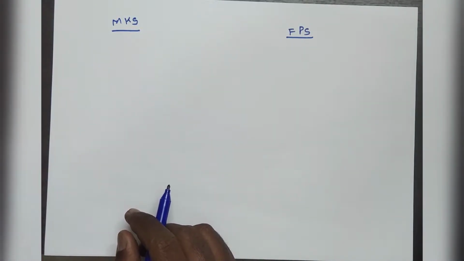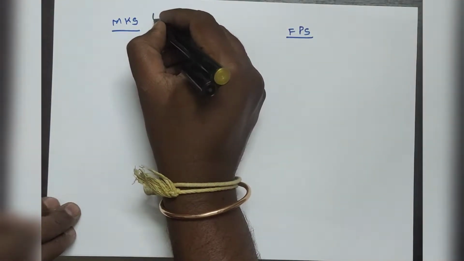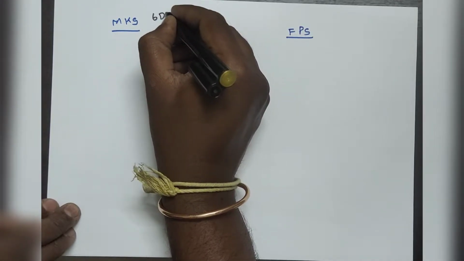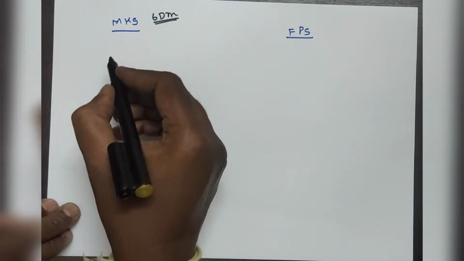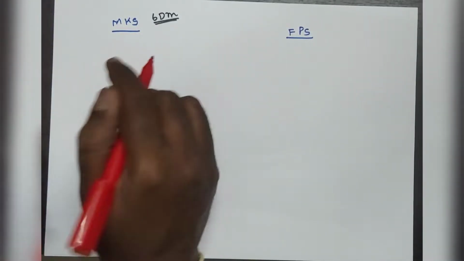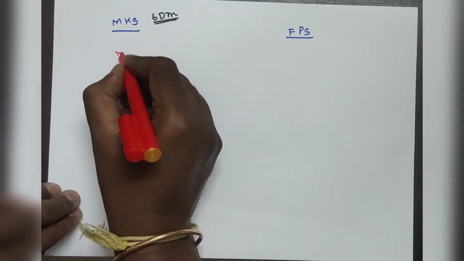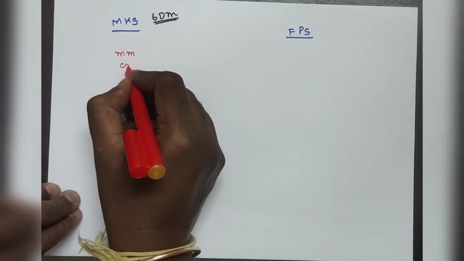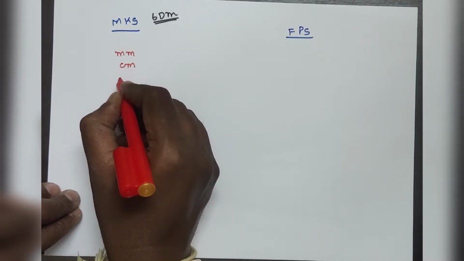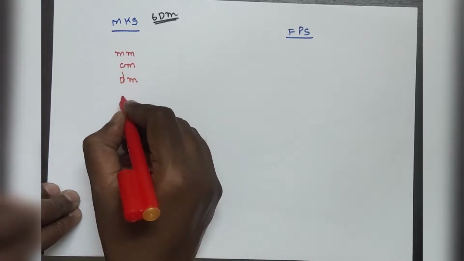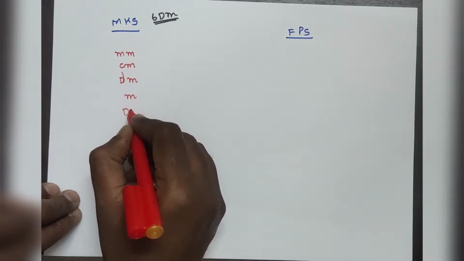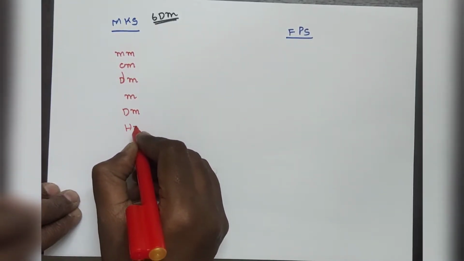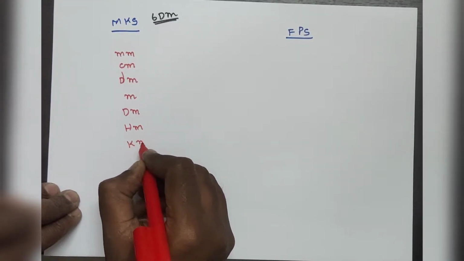For example, if the maximum length to be measurable with the scale is 6 decameters, let us consider. Then what will happen in MKS system? We know that it will start with mm, next centimeter, next decimeter, meter, decameter, hectometer, kilometer.